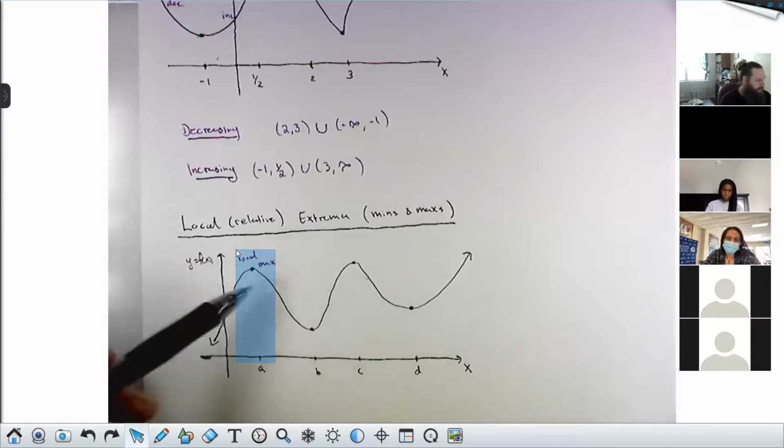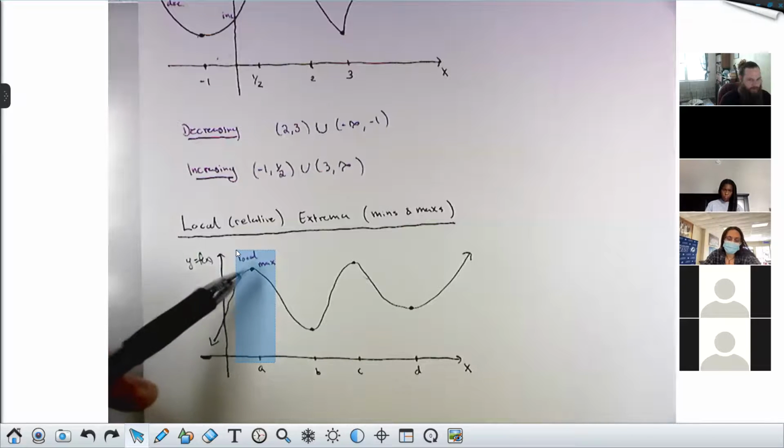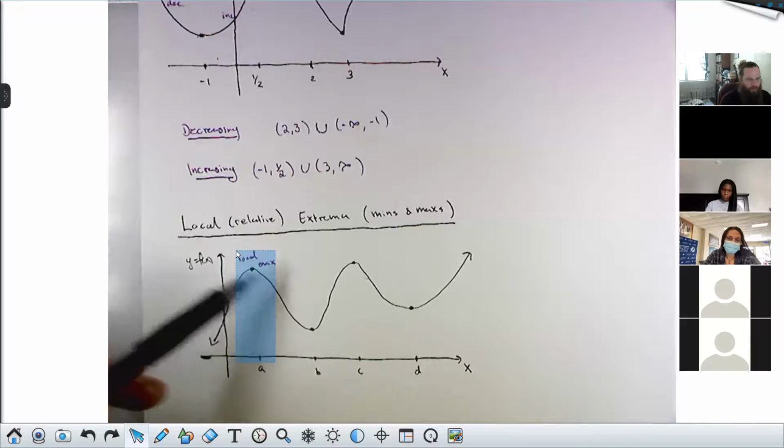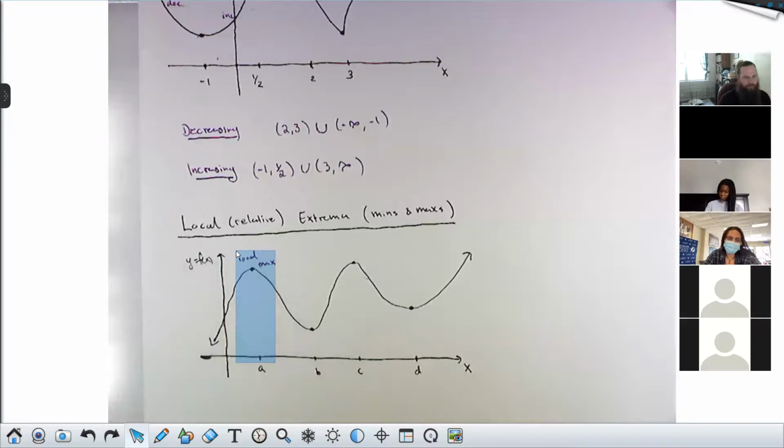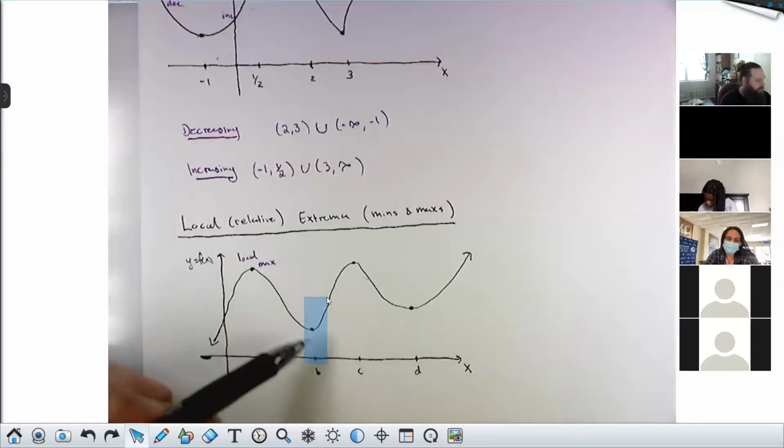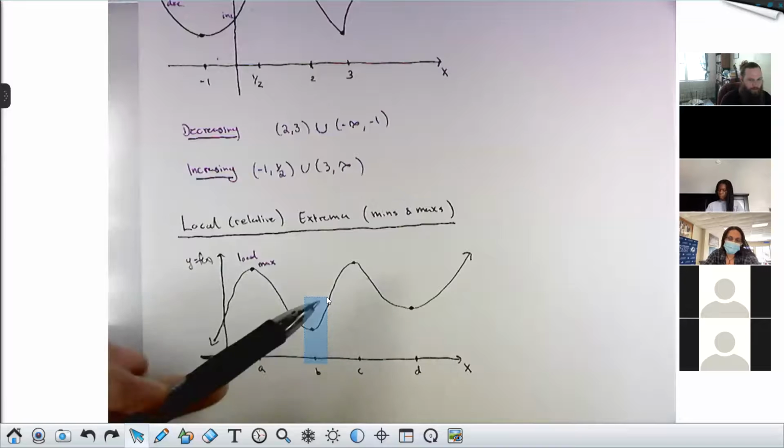If the point on the graph is taller than any other point in that window, then that's a local max. And similarly, if you think you might have a local min at B, think about a little interval centered at B, and draw the window in the graph that corresponds to that interval. If the point on the graph at x equals b is the lowest point anywhere in that window, then that point is a local min.